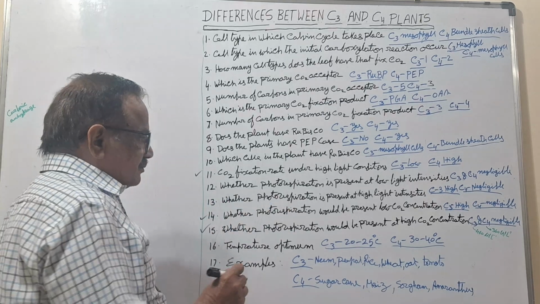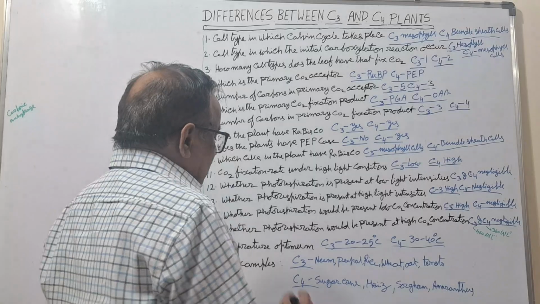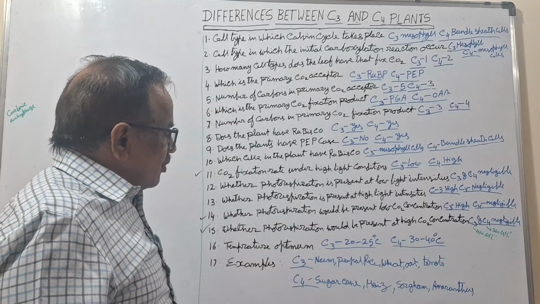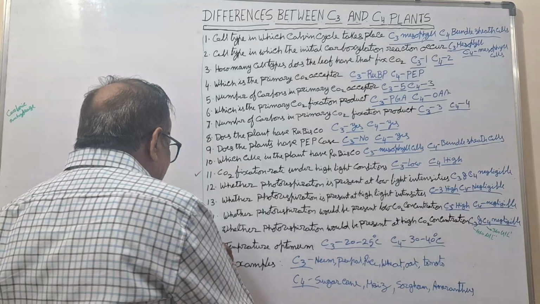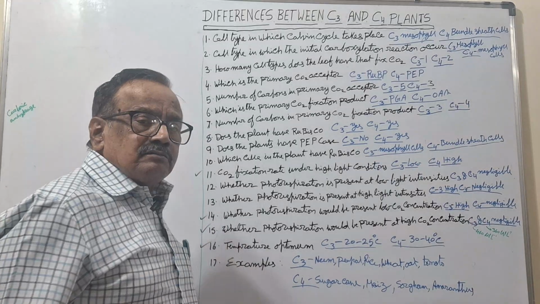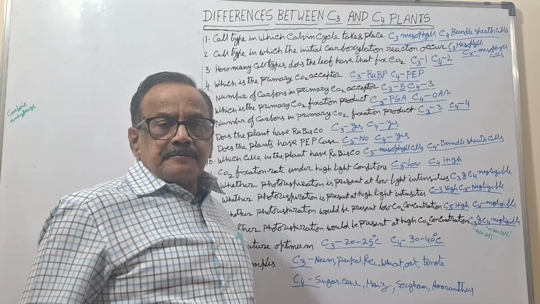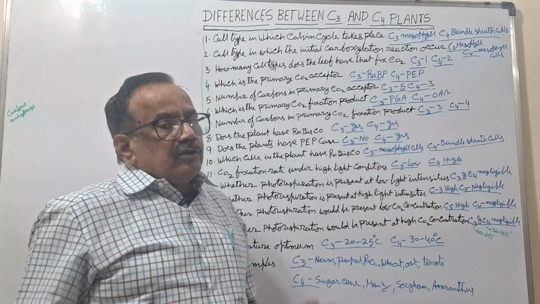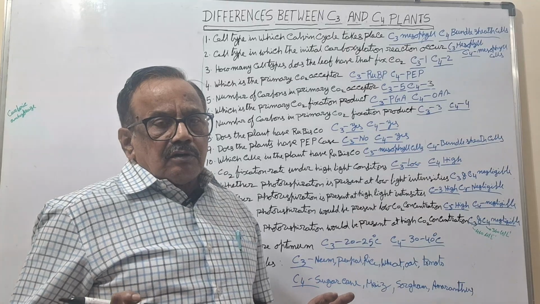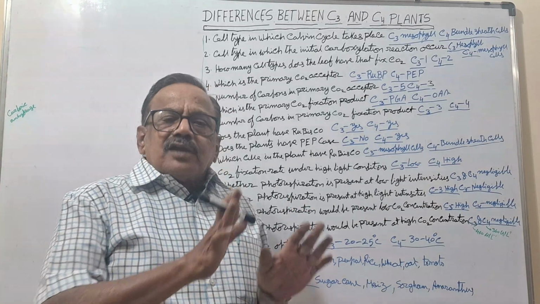Please see that one. And next, the optimum temperature is 20 to 25 for C3 and 30 to 40 for C4. This is also very, very important. Why? Think over it. Because C3 and C4 plants both do the Calvin cycle, and the Calvin cycle is affected by temperature as usual.